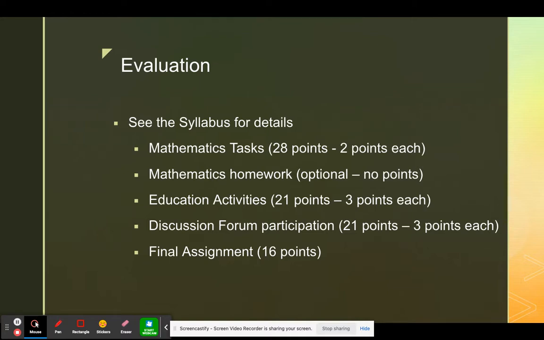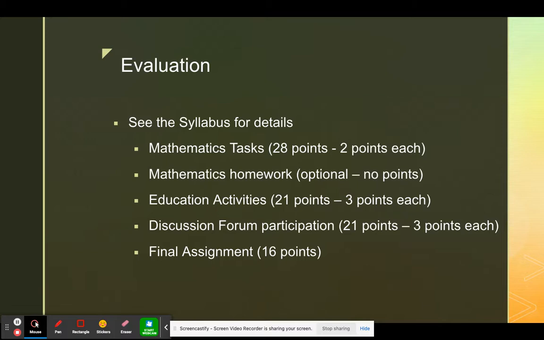The mathematics homeworks that will be released are optional, so there are no points, although I would love to see those and give feedback on those as well. After those items are due, I will release sample solutions to the tasks and homework, so that you'll be able to kind of self-evaluate before receiving feedback on those.